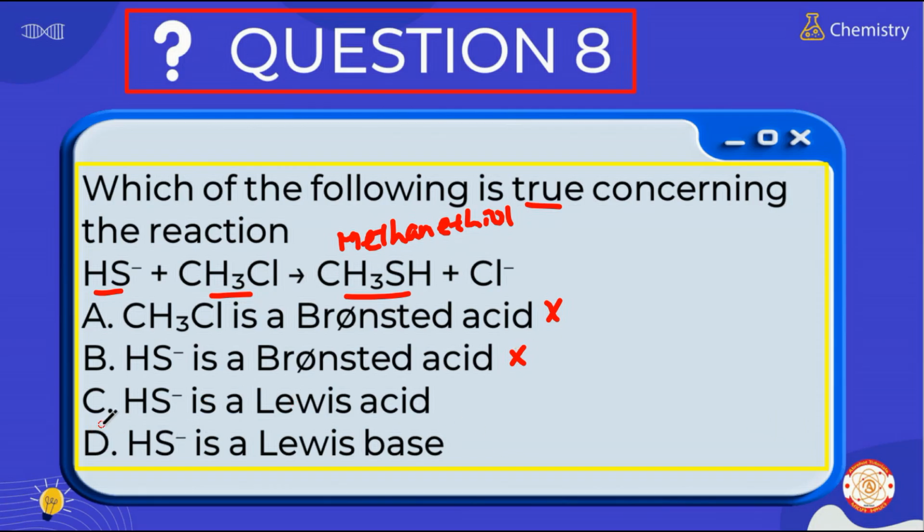The correct answer is D, because bisulfide has excess electrons, and in this reaction bisulfide donates electrons to the carbon, and it behaves as what? As a Lewis base.